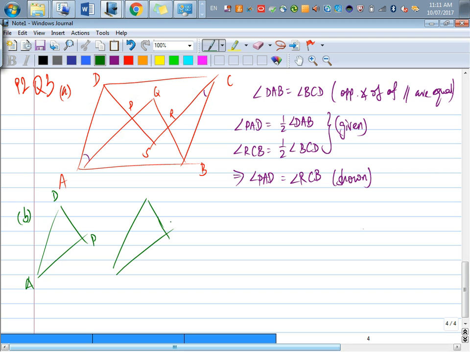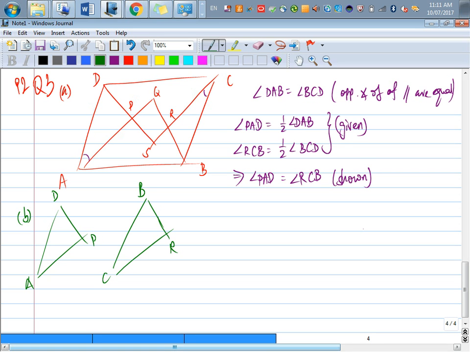So first one is ADP, second one must be CBR. So now we are trying to prove that these two triangles are congruent. We have many tests that we can use. You have your ASA, SAS, RHS, SSS. These are the 4. So which one is the easier one that we can use?